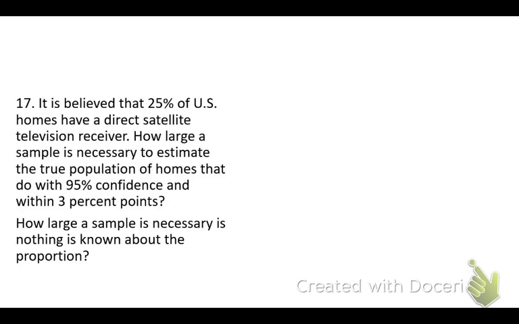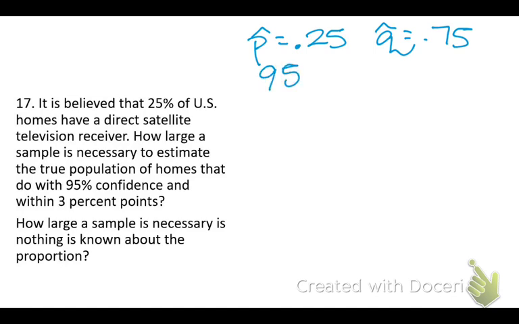All right, so let's go ahead and just write down some key information of this first. The first thing is we have our p hat, 25%. That is going to be 0.25. So therefore, our q is going to be 0.75. All right, the other thing is we do have our 95%. So we can find our z-score to be 1.96.